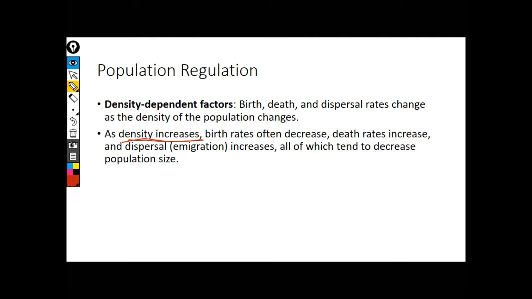We tend to see birth rates increase at first, but then you get that crankiness, too many people in a room. And that starts to actually suppress birth rates, so you have fewer individuals breeding at a given time.